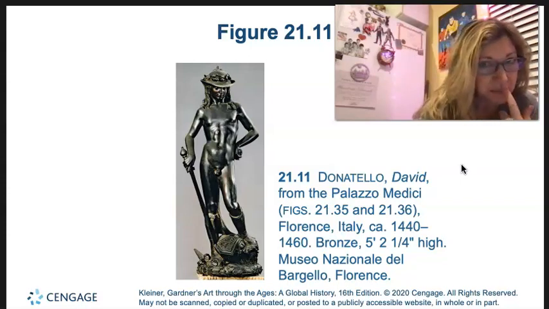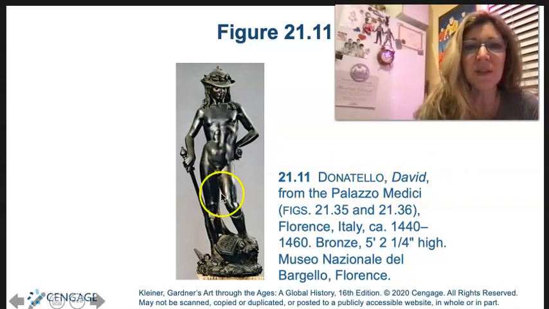Okay, so the weird thing that I learned about this statue in particular is that, first of all, it's a boy, and it's a boy that we're supposed to admire, and he has a lot of feminine details, let's say.